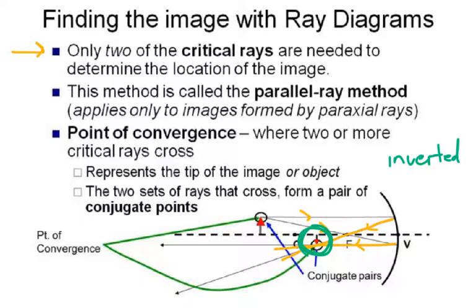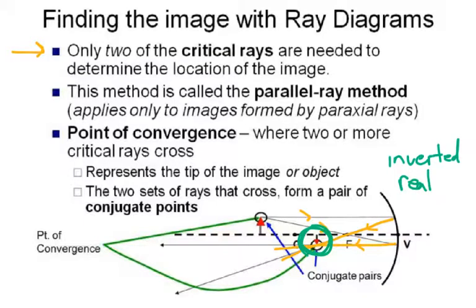We can talk about whether the image is real or virtual. Real images form on the same side of the mirror compared to the object. This image is on the same side, the left side of the mirror, so this is a real image. We can talk about its location.